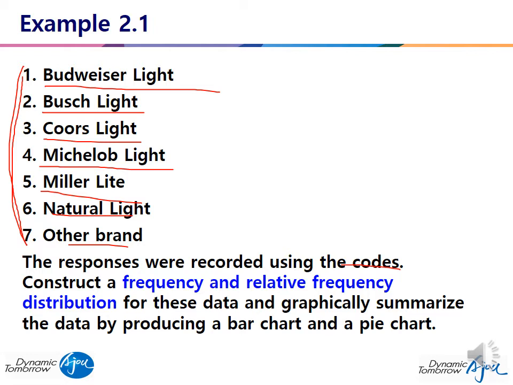So if they choose the Budweiser, it's 1; 2, 3, 4 are recorded likewise. As I told you, we are going to construct a frequency distribution and next a relative frequency distribution for this data, and graphically summarize the data by producing a bar chart and a pie chart.